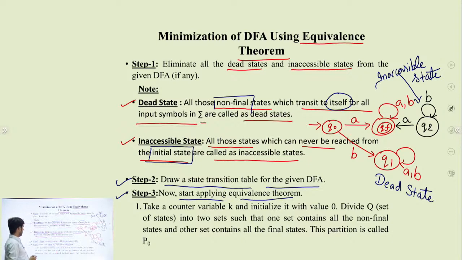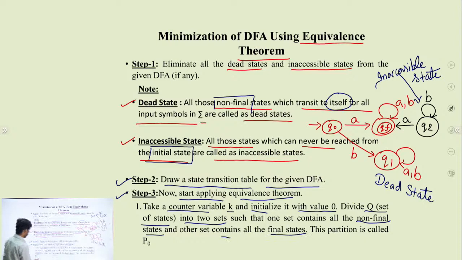Take a counter variable k and initialize it with the value 0, and divide Q, the set of states, into two sets such that one set contains all the non-final states and the other set contains all the final states.